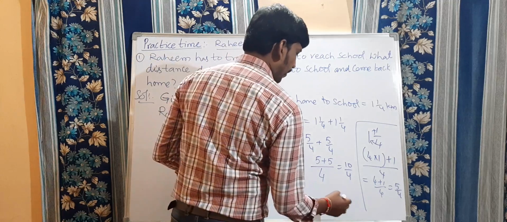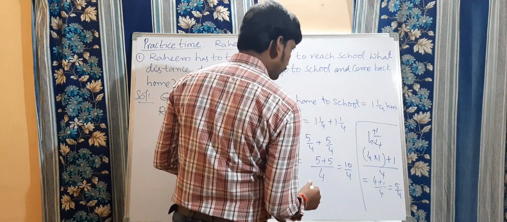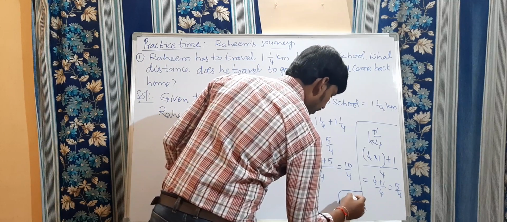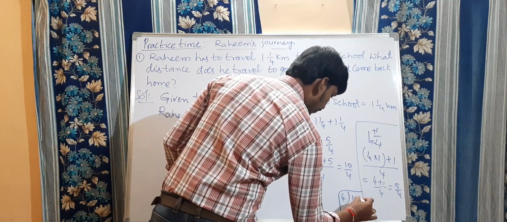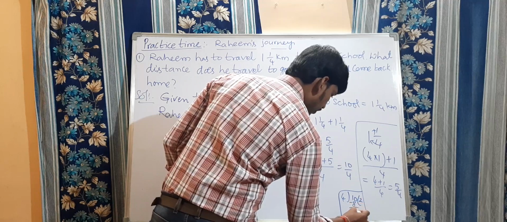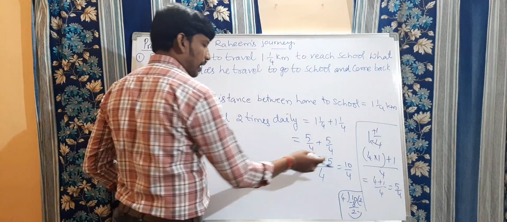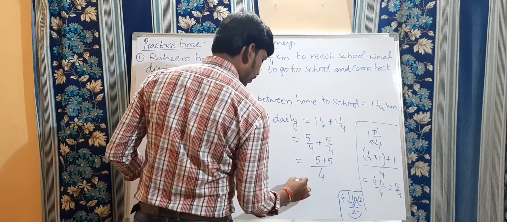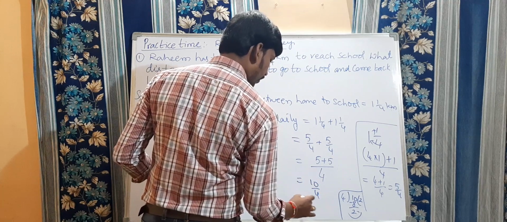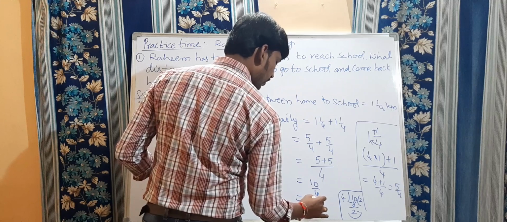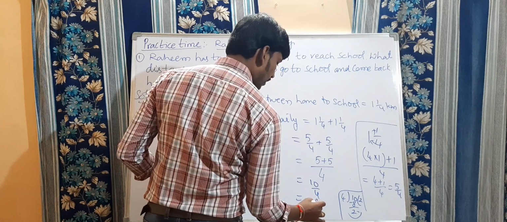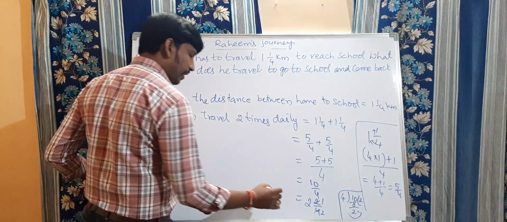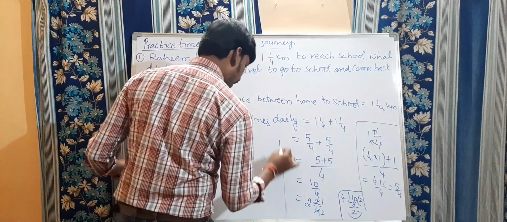So if you divide 10 by 4, 4 times 2 is 8, so the remainder will be 2. So 10 by 4 is equal to 2 and 2 by 4. 2 by 4 is nothing but, 2 ones are 2, 2 twos are 4, so 1 by 2.